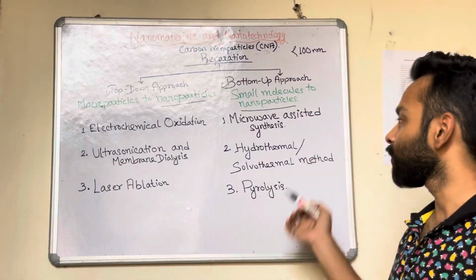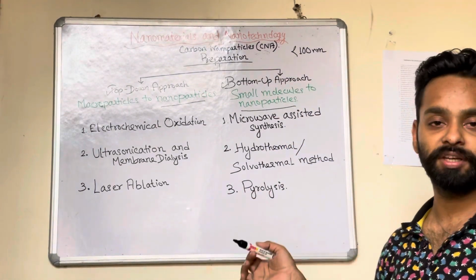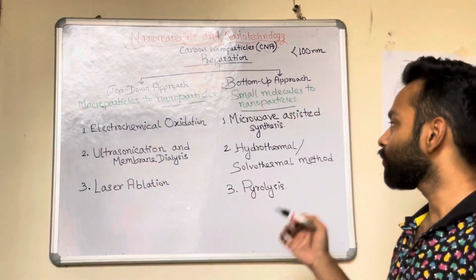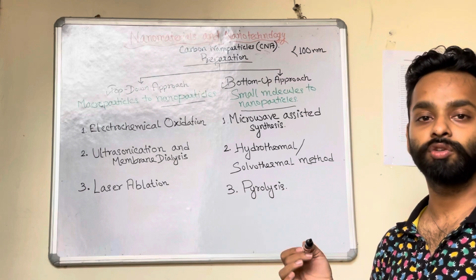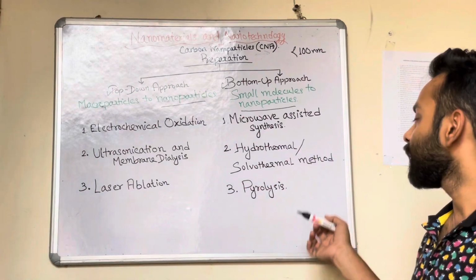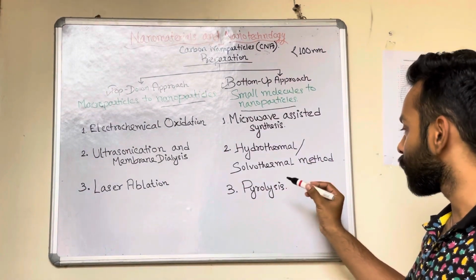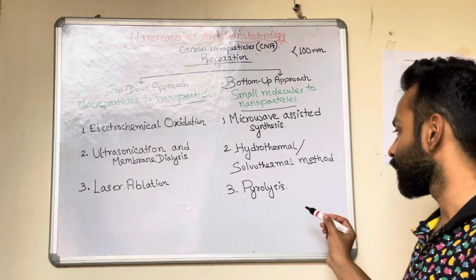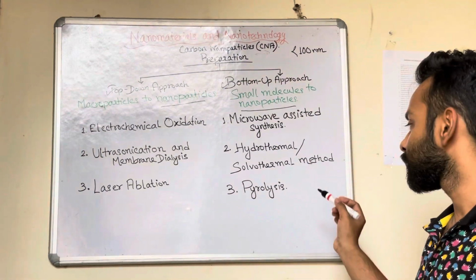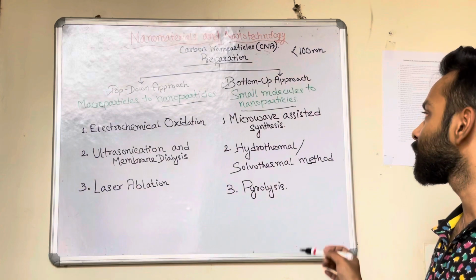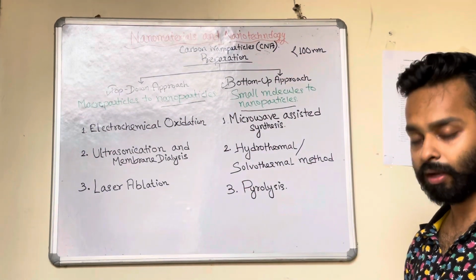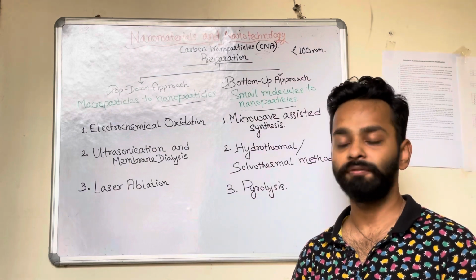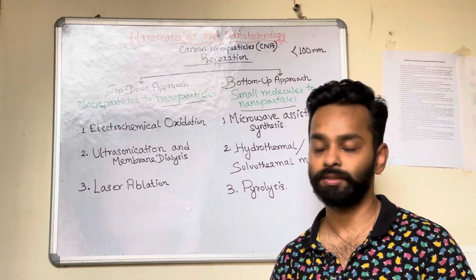In the bottom-up approach, there are also three important methods. Microwave assisted synthesis is one of the most important and most used. Then the hydrothermal or solvothermal method is also available. Finally, pyrolysis can also be used for synthesizing carbon nanoparticles using the bottom-up approach. Now we will be discussing in brief these six methods.